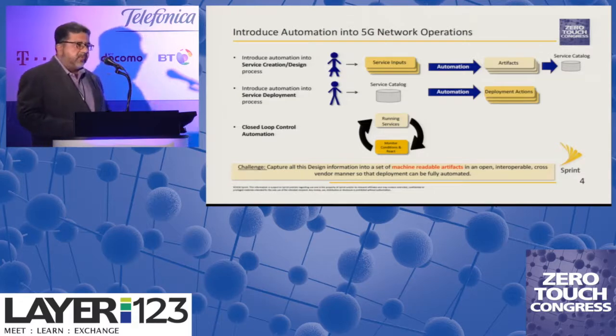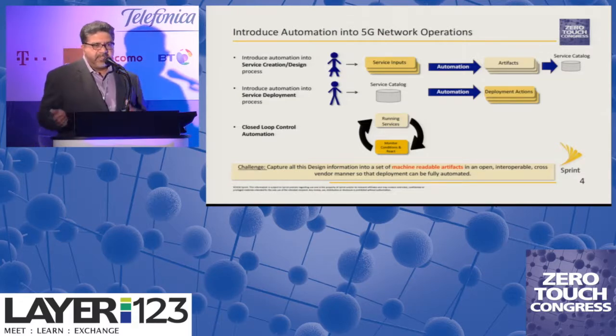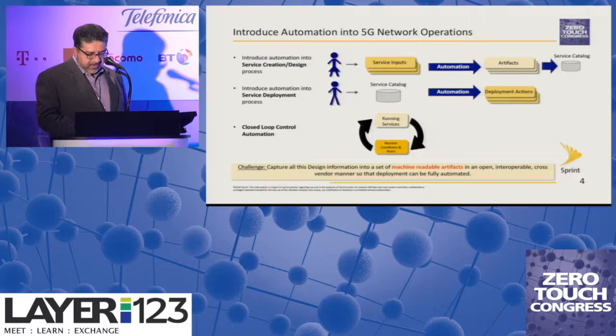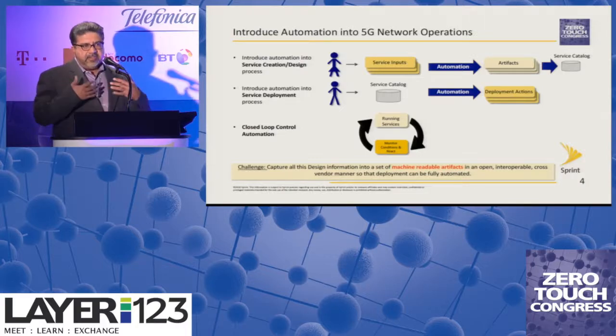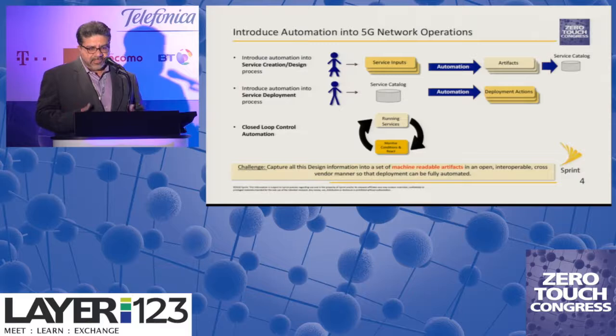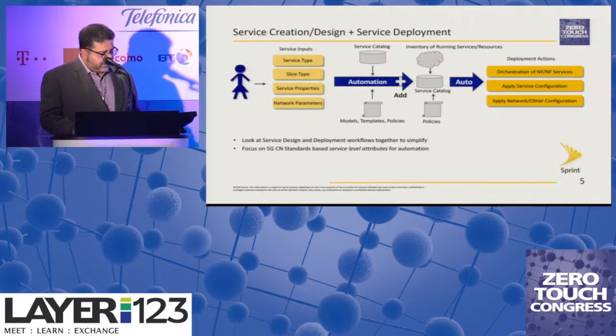There are some more examples, edge or centralized services, which I'll go into tomorrow, but all that kind of feeds into the inputs, and then you can select the right kind of network function services for that. So stand by for tomorrow for more of those details, but we try to automate all of this.